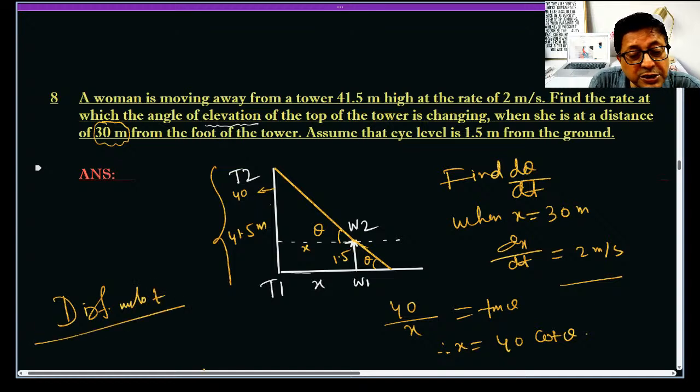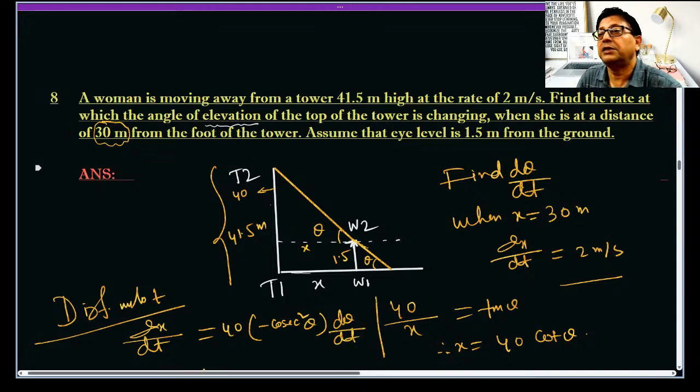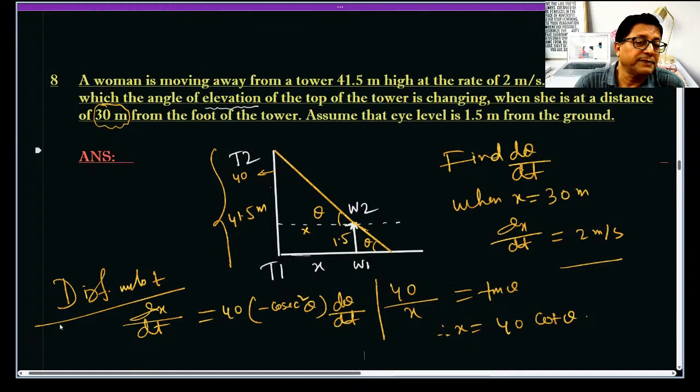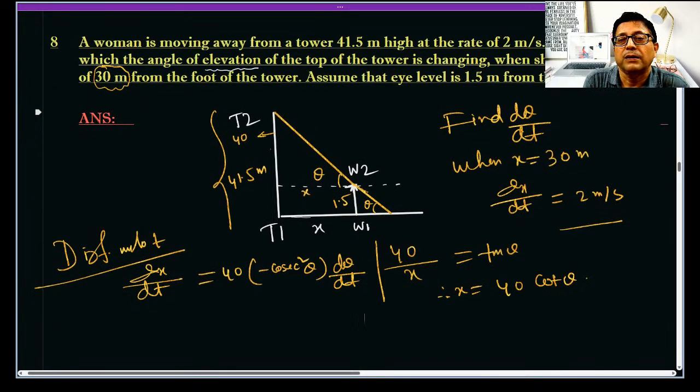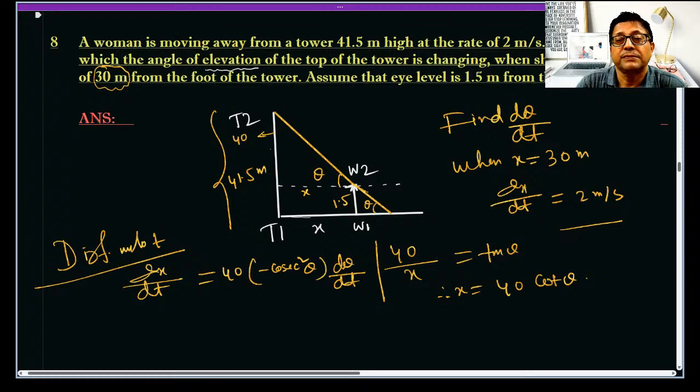Now differentiating with respect to t, dx by dt will be 40 into minus cosec square theta d theta by dt, isn't it?